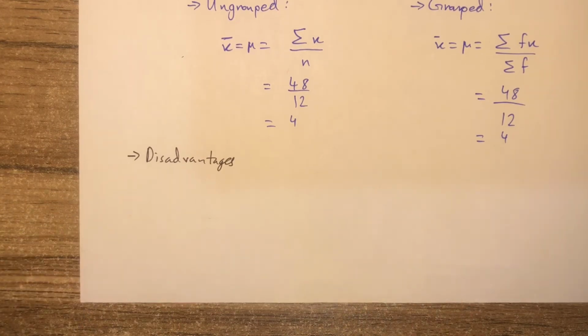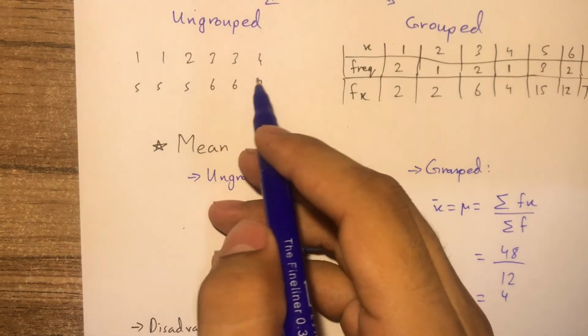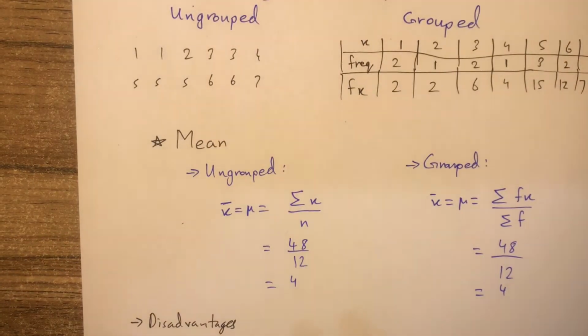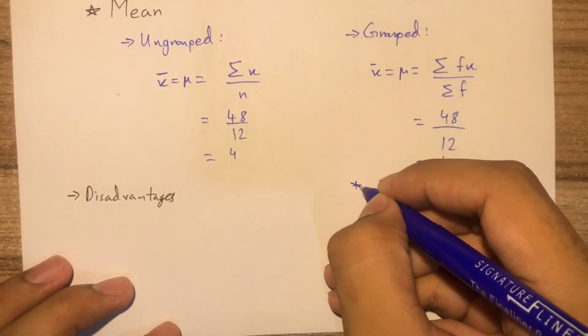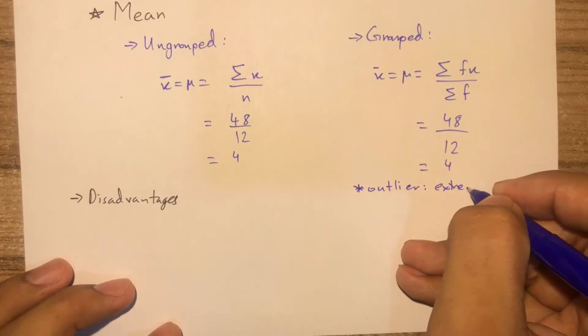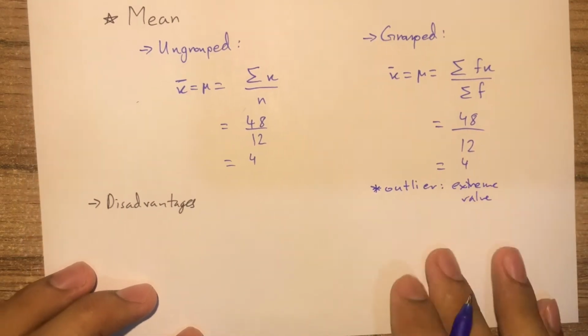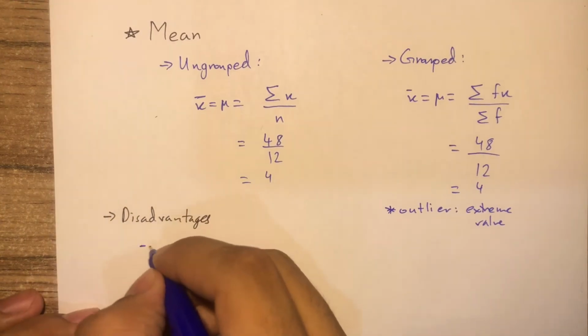But the disadvantage because of this is that if there is an extreme value in the data, that is called an outlier. Outlier is an extreme value, write it here. If there is an outlier, then the mean gets distorted because it involves all of the values.